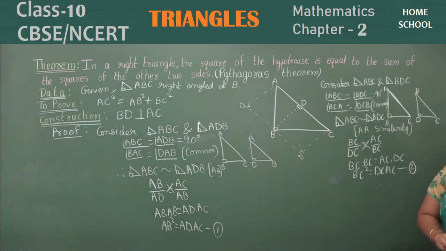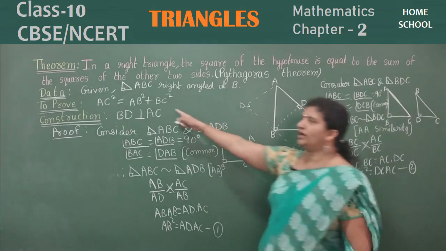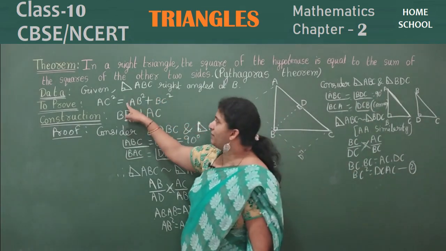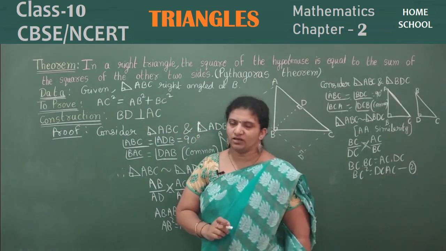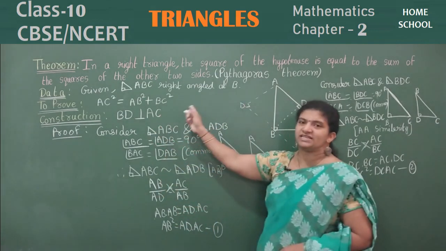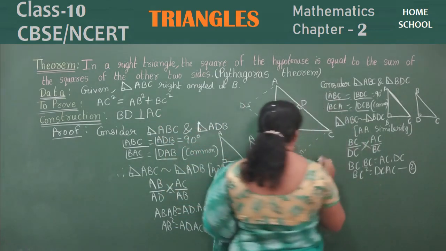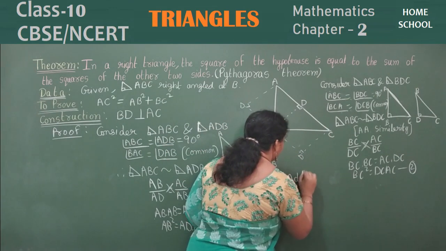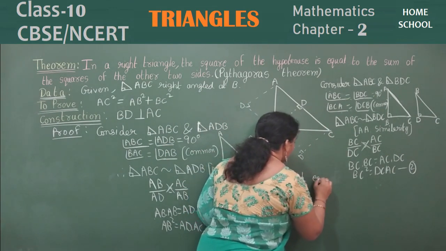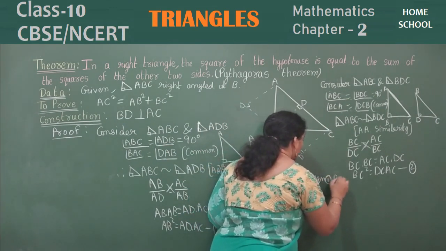This is the second equation. Now observe 1 and 2. AB square we got, BC square you got. But what do I need to prove here? AB square plus BC square. So now what are we going to do? Just add the two equations. Add equation 1 and 2.